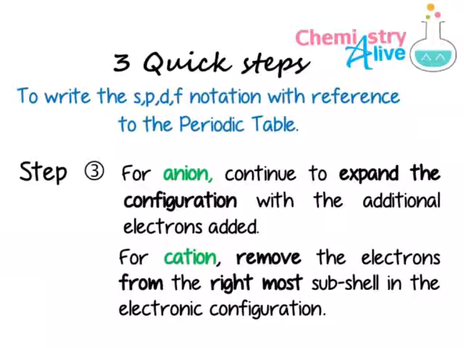Step 3, for writing electron configurations for ions: for an anion, continue to expand the configuration with the additional electrons added. For a cation, bear in mind, you have to arrange the original electron configuration of the atom in increasing quantum number before you remove the electrons from the rightmost subshell in the configuration.